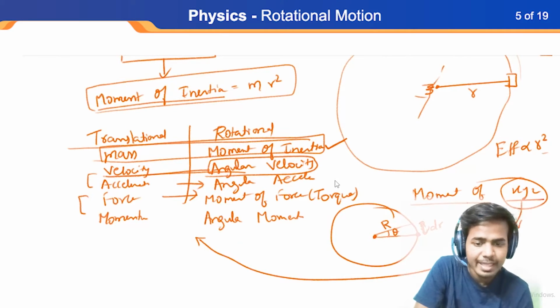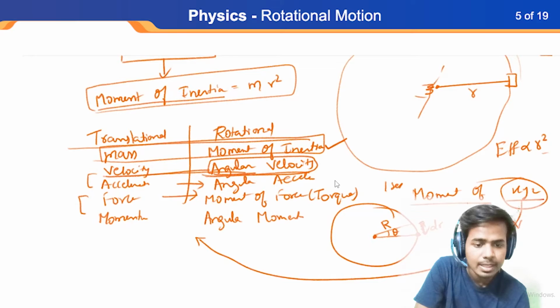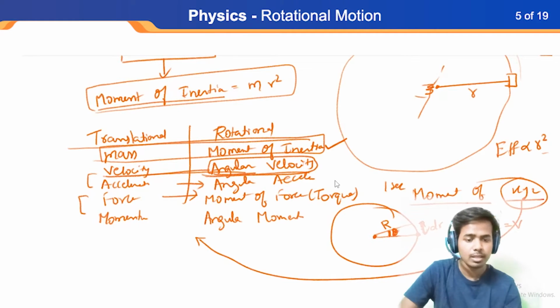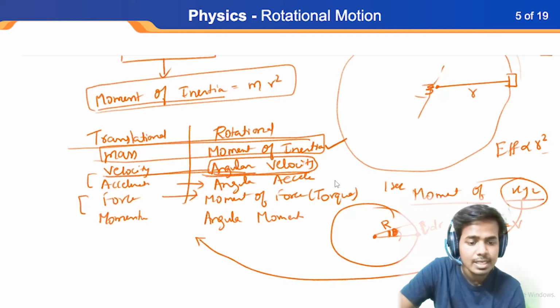Angular velocity is defined as the rate of change of angle. Let's say I give it 1 second, and the angle through which it rotates, the angle it makes from the initial position to the final position, is pi.